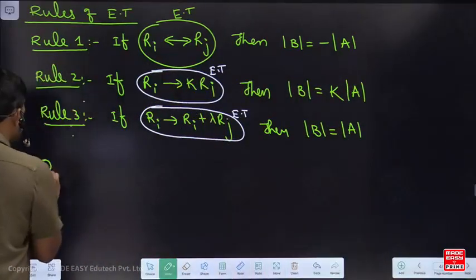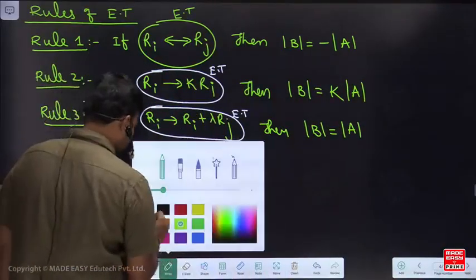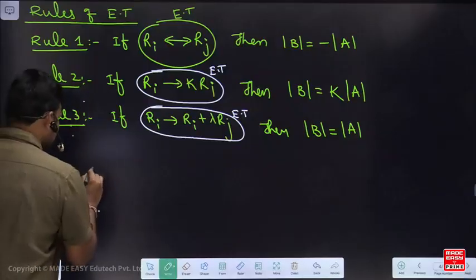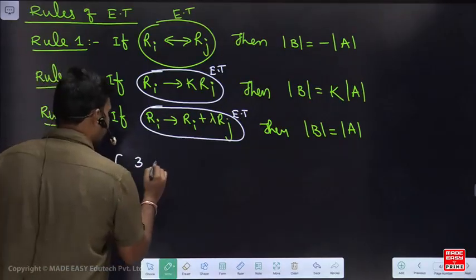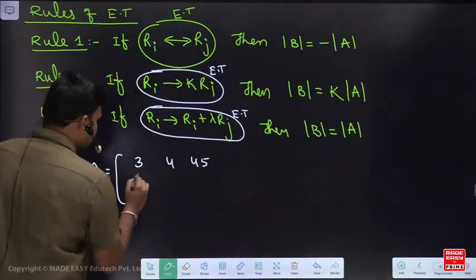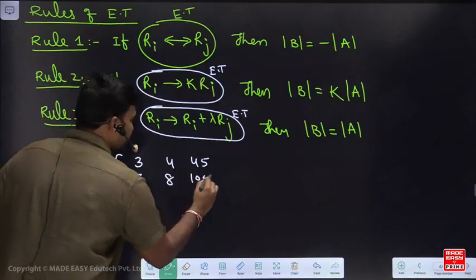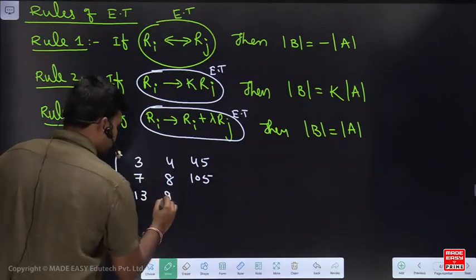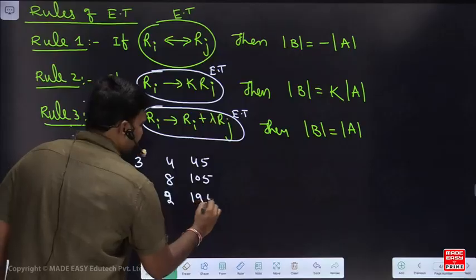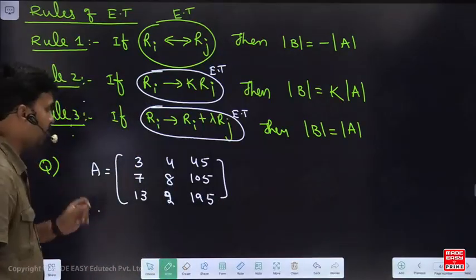Now let's take one question here. A is equal to the matrix with rows 3, 4, 45; 7, 8, 105; 13, 9, 13, 2, 195. This matrix is given to us.